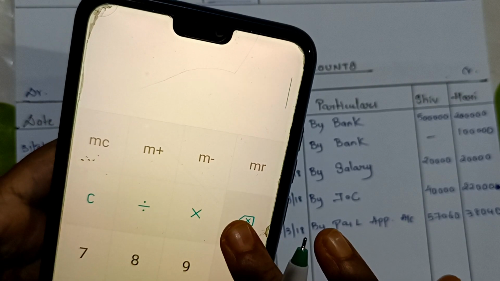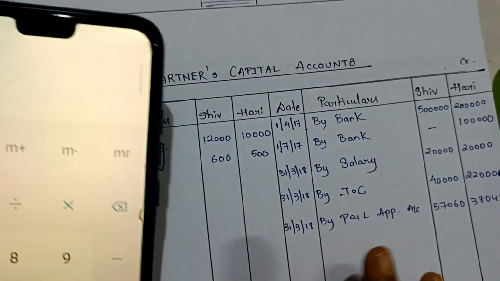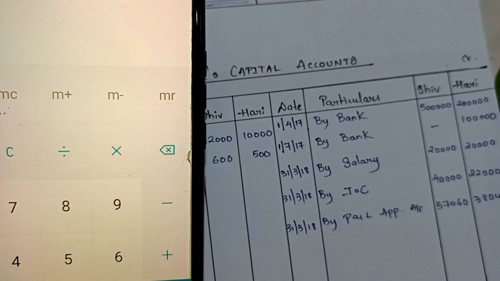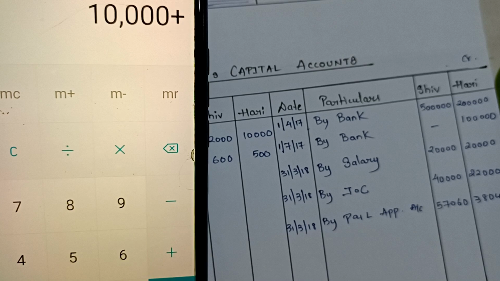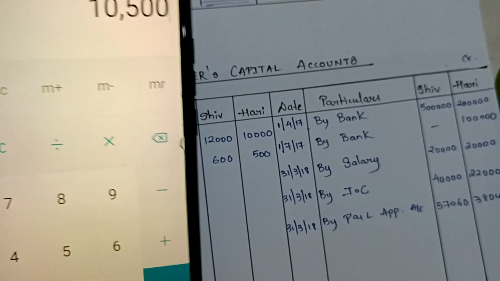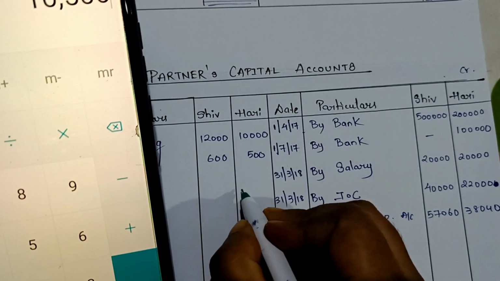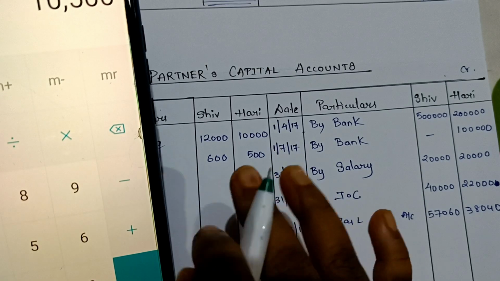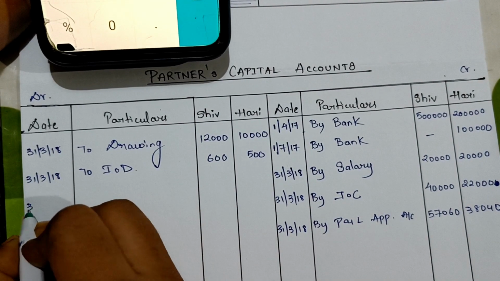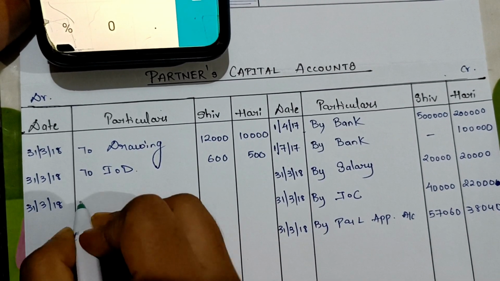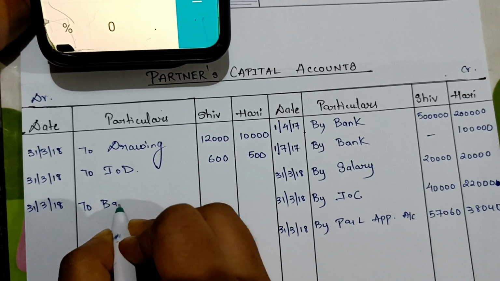Now Hari's debit side is 10,000 plus 500. So the debit side is less, so we are going to enter here the carried down amount. Here 31st March 2018, to balance carried down.